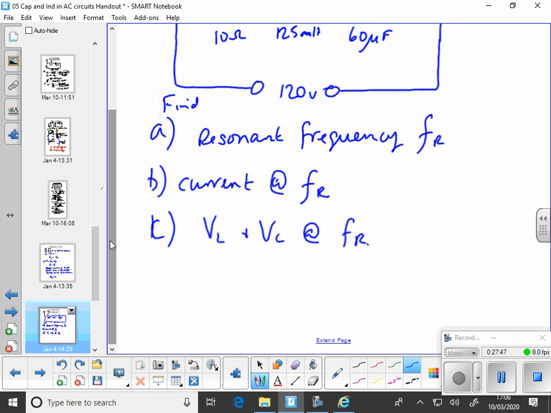Okay. What fact can I use, do you think, to find the resonant frequency? What fact can I use? Yeah. At FR, XL is equal to XC.